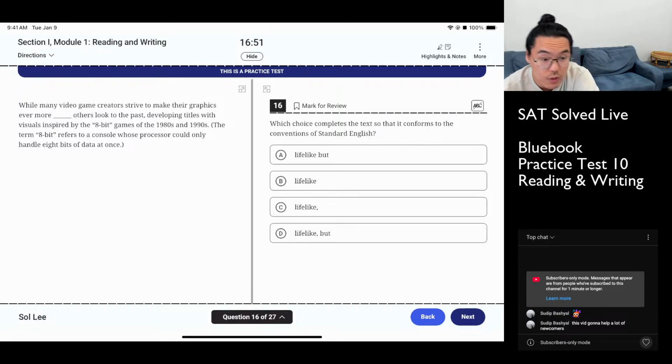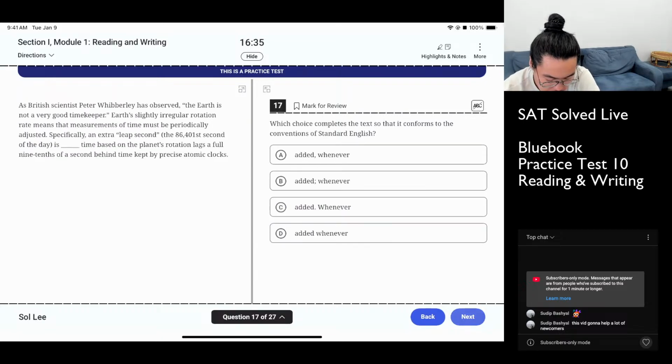Let's go. We're in the grammar section now, so we're gonna push forward on this. While many video game creators try to make their graphics ever more realistic, lifelike, others look to the past, developing titles with visuals, 8-bit. Okay. Dependent clause, independent clause. As British scientist has observed, okay, means that measurement of time must be adjusted.